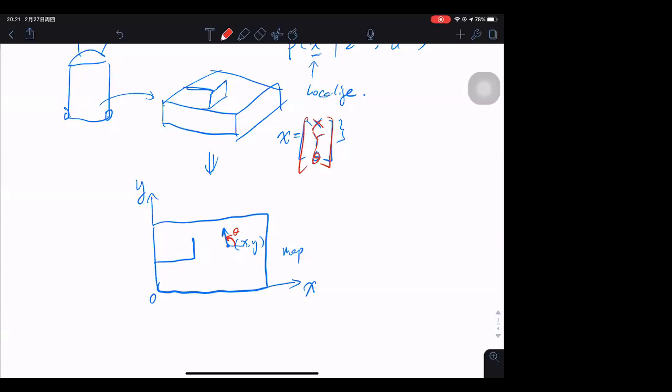Now you see the problem. How can you write the joint distribution? Joint distribution means finally I want to know p(x, y, theta). In shorthand, it's just p of the capital X, if X is a random variable.